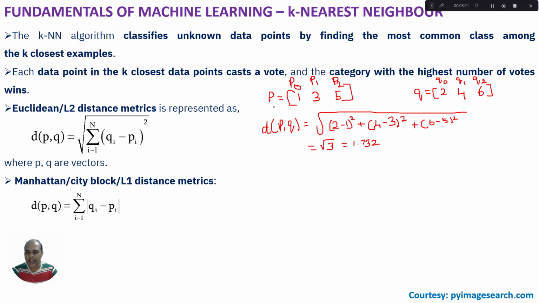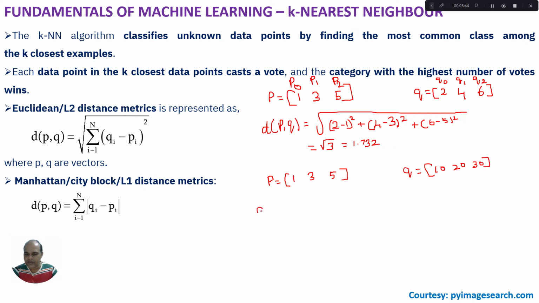Let us take another two vectors where I keep the p vector the same, 1, 3, 5. I am just going to change the q vector. For the q vector I take 10, 20 and 30.